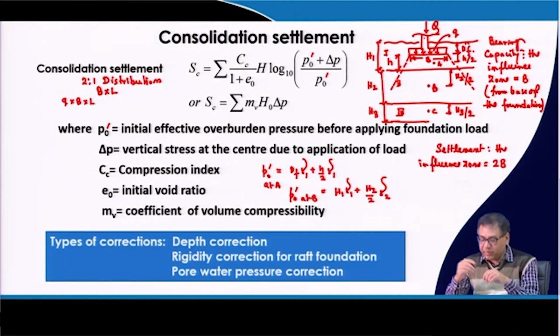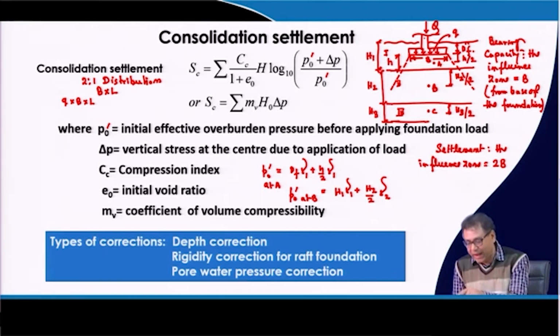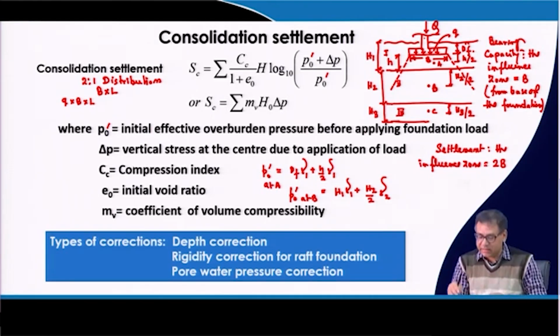Okay. Now, when this load distributes in the 2:1 pattern, the loading area will increase as the depth increases. So, at point B and at the base of the foundation, the loading area will not be the same. So, the loading area will be increased. That is why the stress at point B will decrease as compared to the base of the foundation.